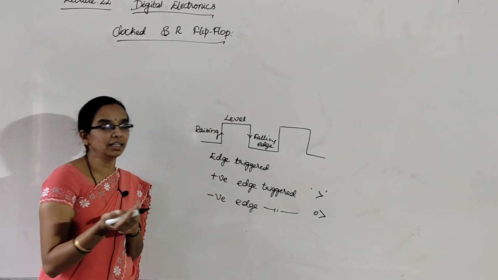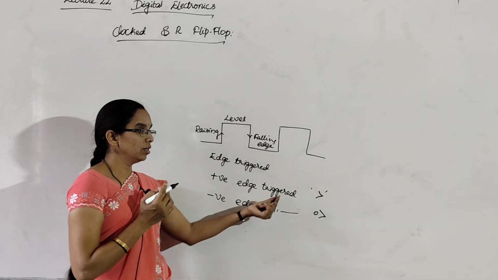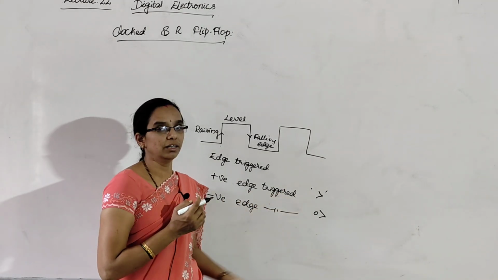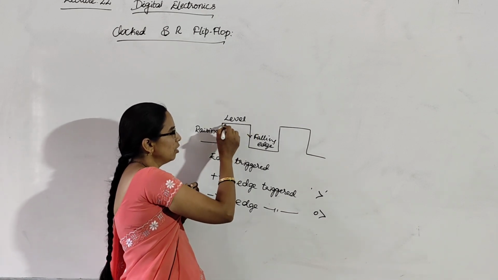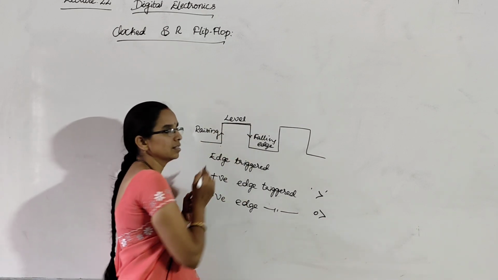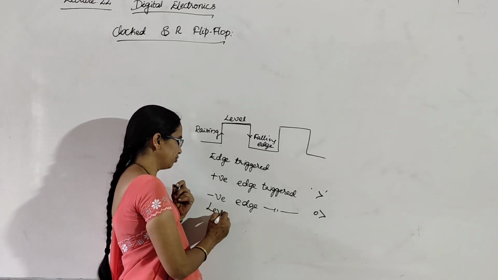All that you will study in further flip flop classes. And if the flip flop responds to the high state of the clock signal, then it is called a level triggered flip flop.